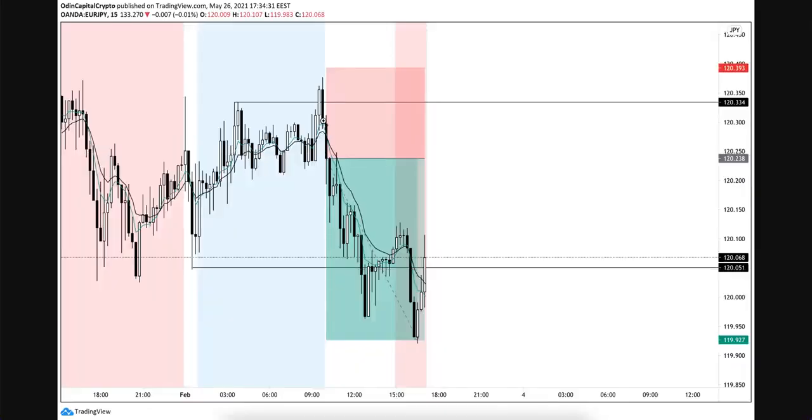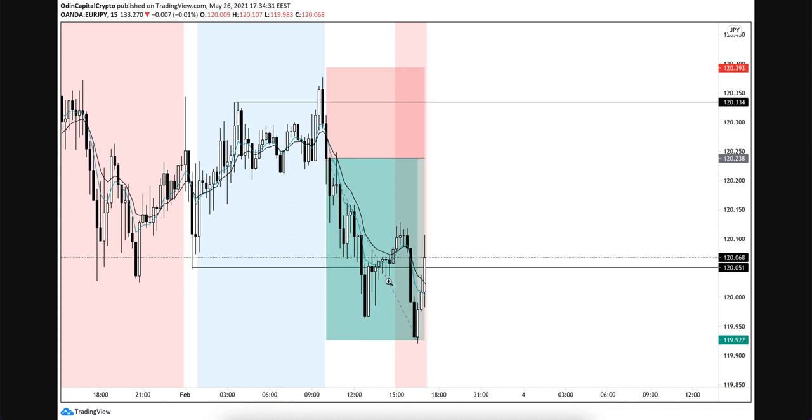Another position, a short position. Once again, I would say that that's a bit of an early entry. So we had a pretty choppy but kind of bullish session, and then we had a rejection and closed below the session low, and the market simply showed a nice bearish move.